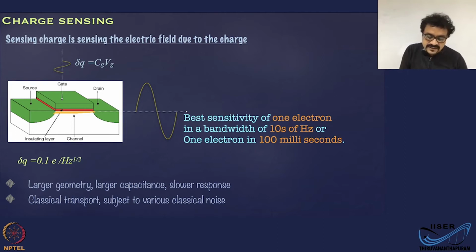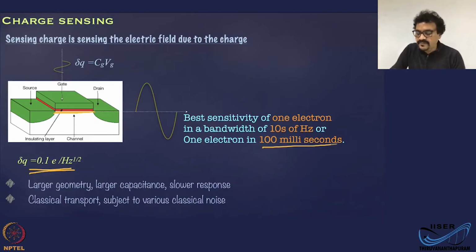Usually, the unit for sensitivity is always specified in this fashion, electron per root hertz. What that means is, in this specific case, you can sense one electron, or movement of 1 electron, if a time of 100 milliseconds is given.